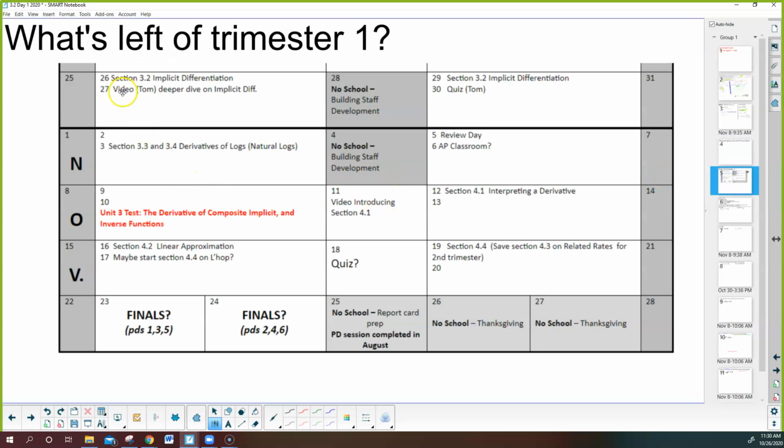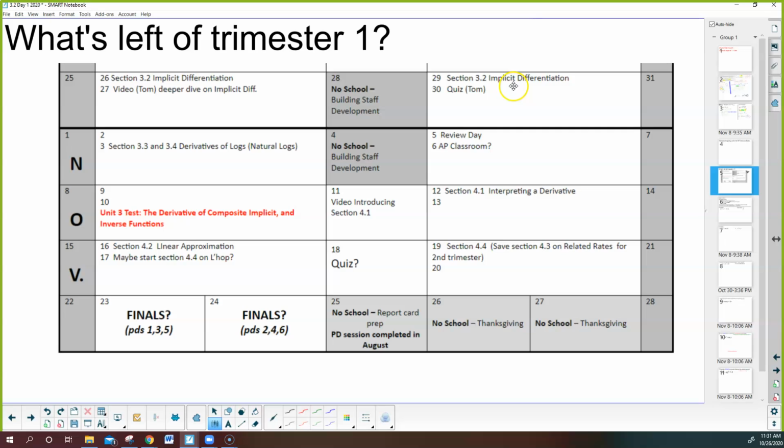I also want to give you a quick little view of what we have going on for the rest of the trimester. So we're right here. We're going to do 3.2 implicit differentiation. And then we don't have school the next 2 Wednesdays, which means you will not be assigned homework, but those would be great days to get caught up on any missing work. Now look at the title.